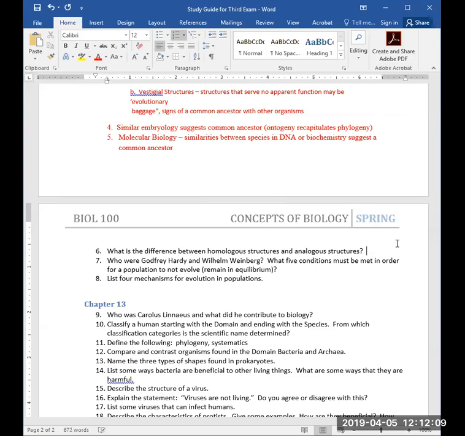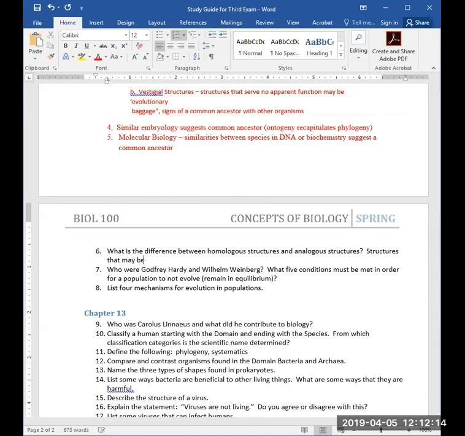Analogous structures are structures that may be similar in function, but very different in structure.